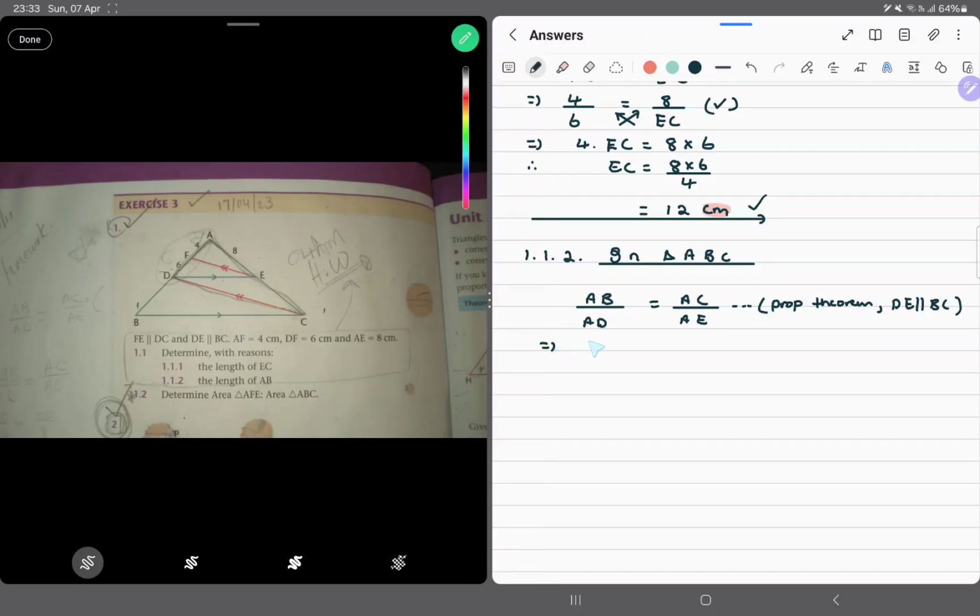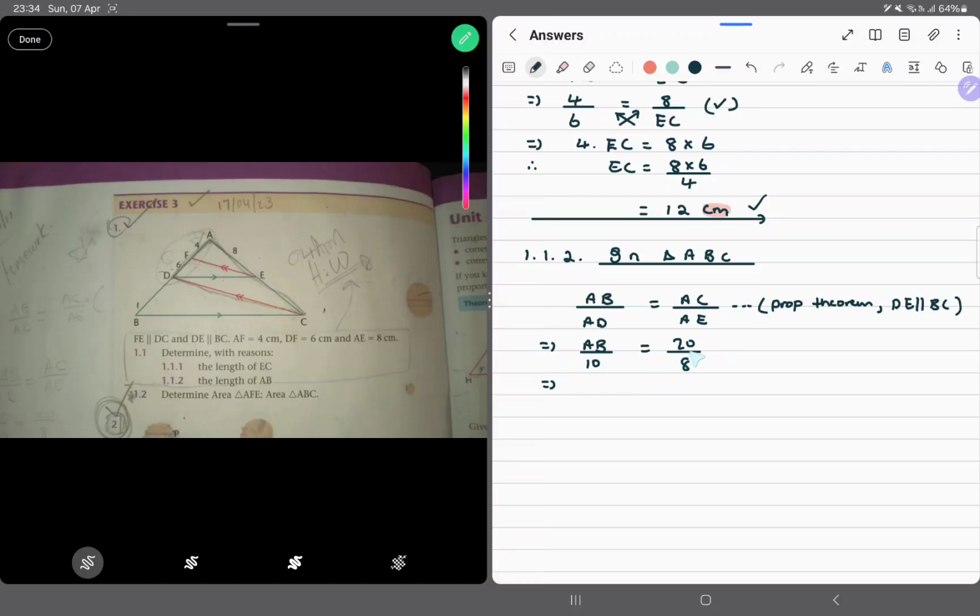Great, so this implies AB over AD, which is 6 plus 4, that becomes 10, equals AE over... that's 8 plus 12, which is 20, divided by AE, which is 8. Great.